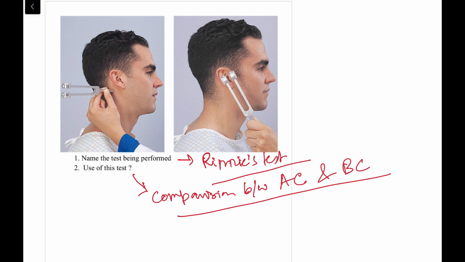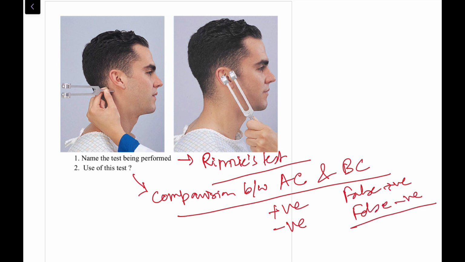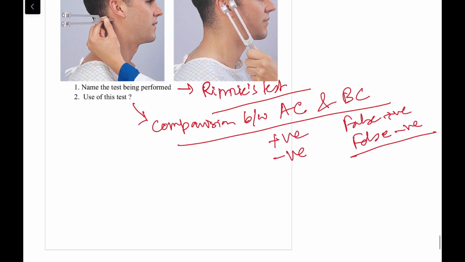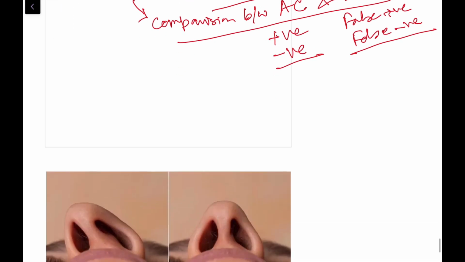Now, important cross questions that you may be asked in this picture are: what is Rinne positive, what is Rinne negative, what is a false positive Rinne, what is a false negative Rinne. Please go through these situations very carefully, because this is a very important question, not only for your OSCE, but you may be asked in your practical viva as well.